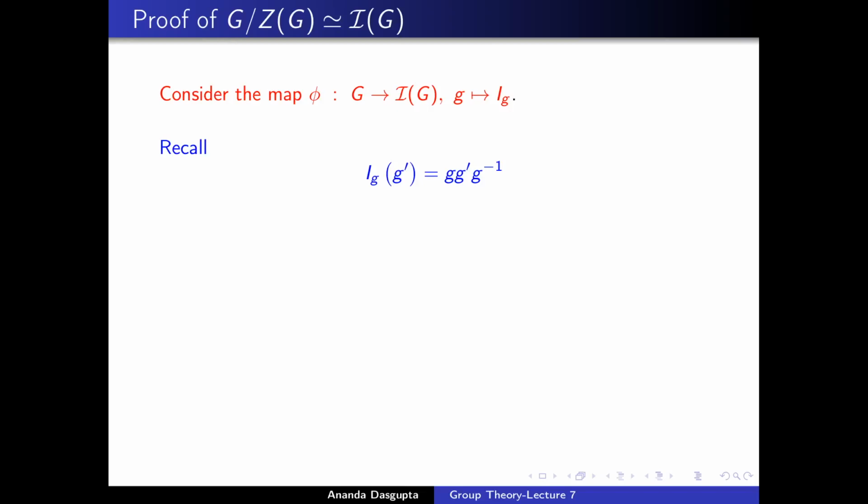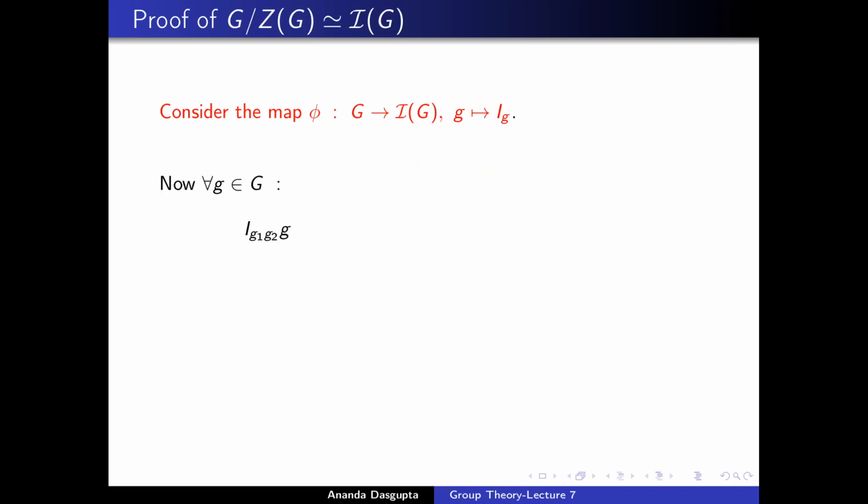With this reminder in place, let us consider I g1 g2 acting on an arbitrary element small g of capital G. So what is I g1 g2 acting on g? By definition, it is g1 g2 g, followed by the inverse of g1 g2. But g1 g2's inverse, remember, is g2 inverse g1 inverse.